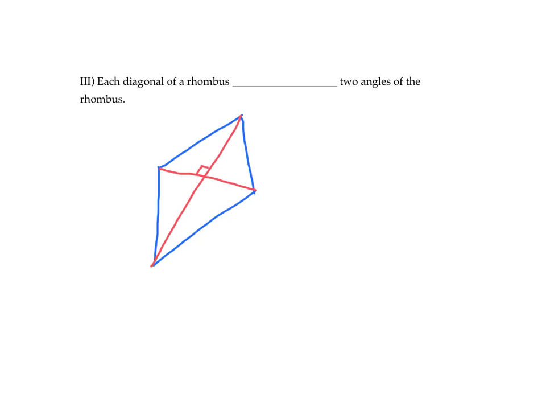But what else is true about them is that each diagonal bisects 2 angles. So this diagonal from B to D would bisect angle B and angle D. And this other diagonal from A to C would also bisect two angles.